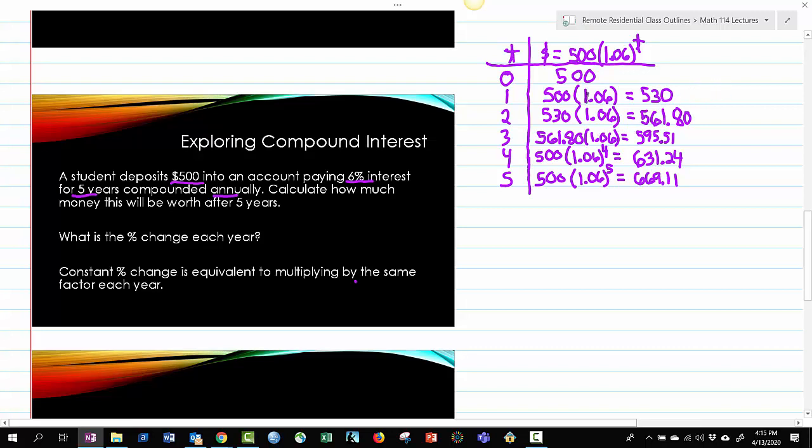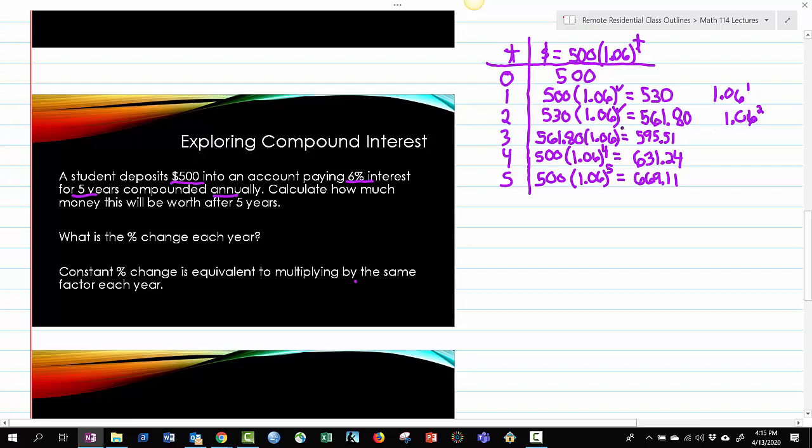So what's happening? The way that I did this, we've multiplied by 1.06 every year. The first time, I multiplied by 1.06 one time, that's 1.06 to the 1. For year 2, I multiplied by it in year 1, and now again in year 2, so I've really multiplied by 1.06 twice.